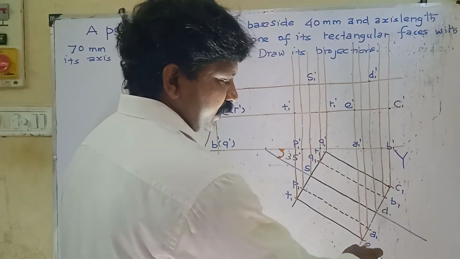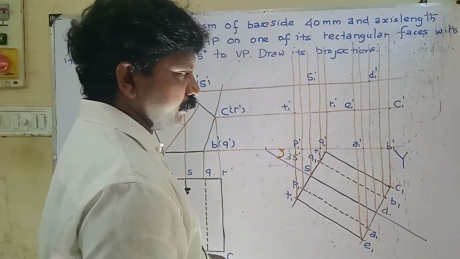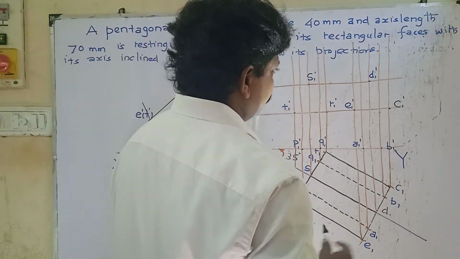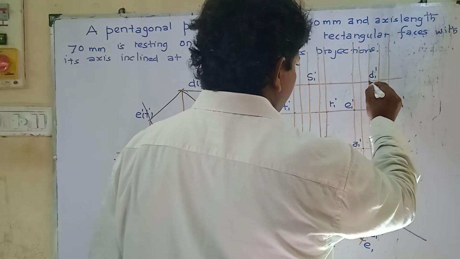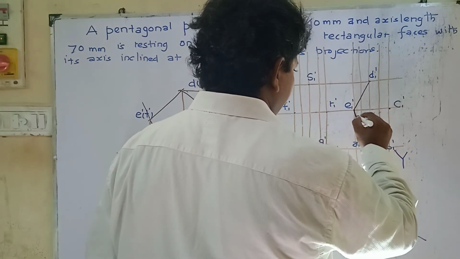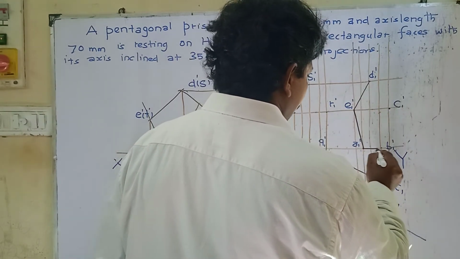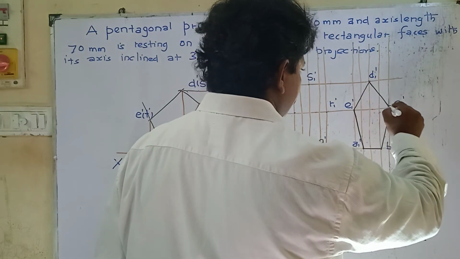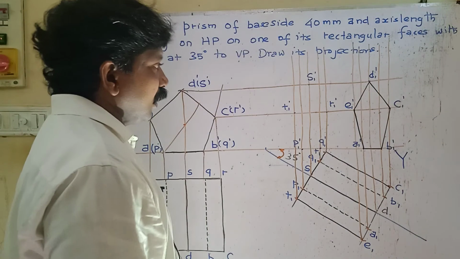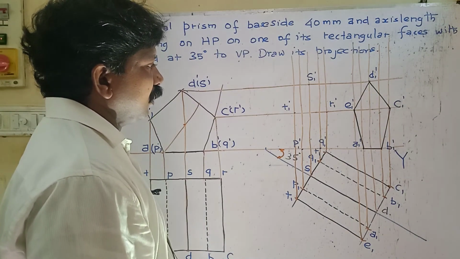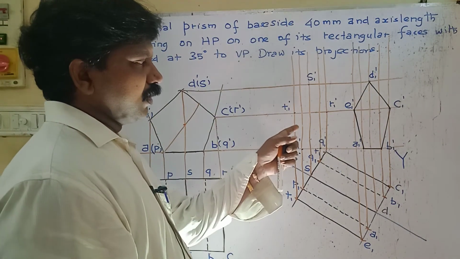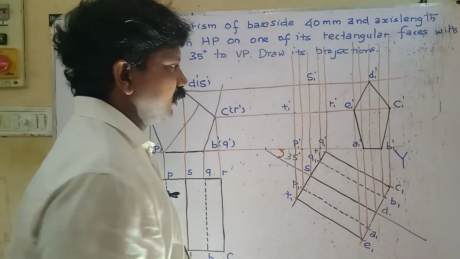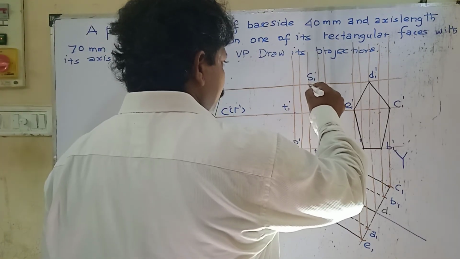The right side end A, B, C, D, E bottom base is fully visible in the front view, so draw that using straight lines. But in the left hand bottom base, S, R and Q are invisible.